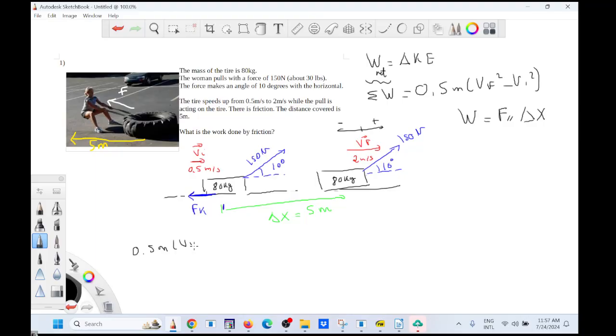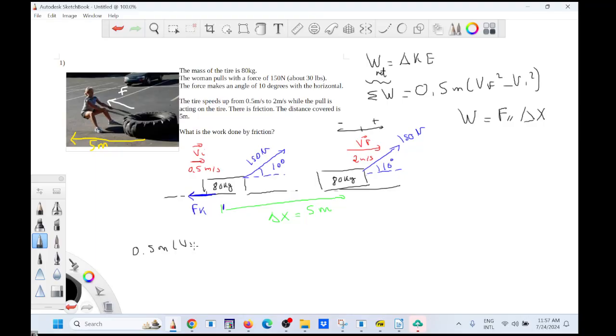You see the force here has two components: the x component, that's the one that is parallel to the displacement, and the y component, which is perpendicular. So we want to find this component, which is 150 cosine 10 times the displacement, 5. So that will be the work done.